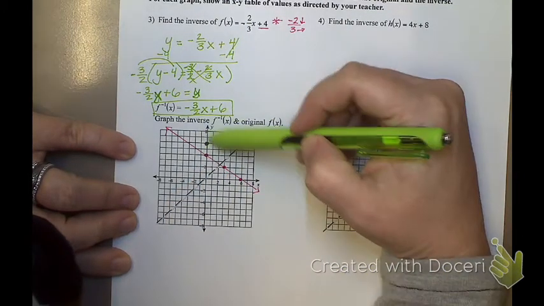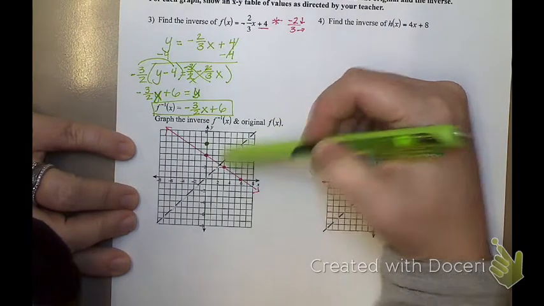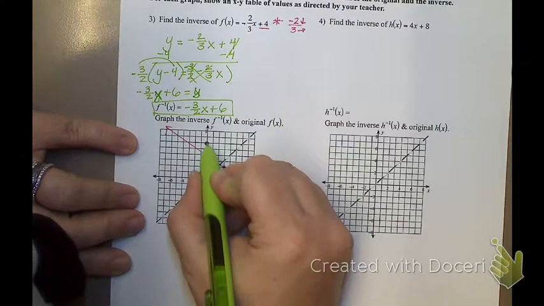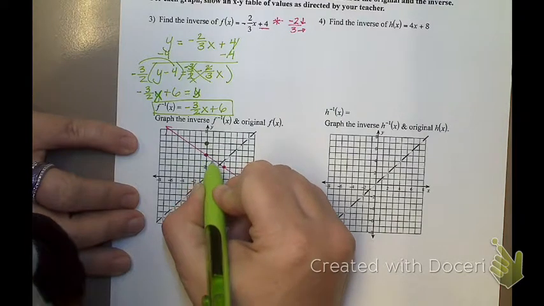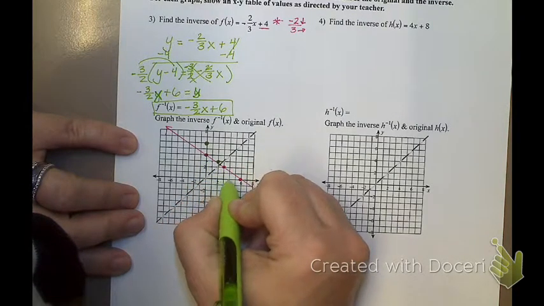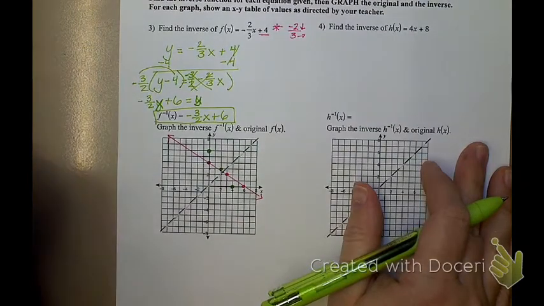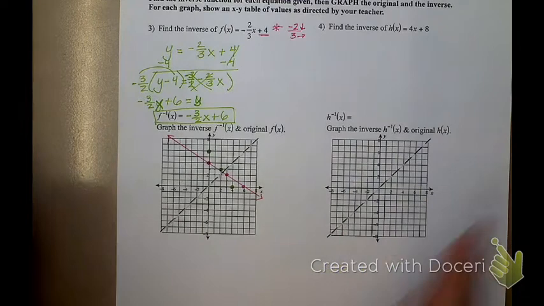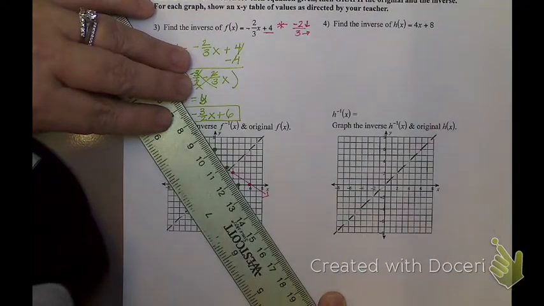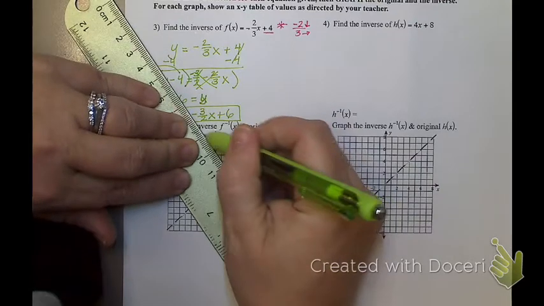I'm assuming it's going to be coming down because it's going to have to intersect the pink line on the line y equals x. So down 3 over 2, down 3 over 2. I think it's looking pretty promising that it's going to intersect there. So let me grab my ruler and draw my line in.